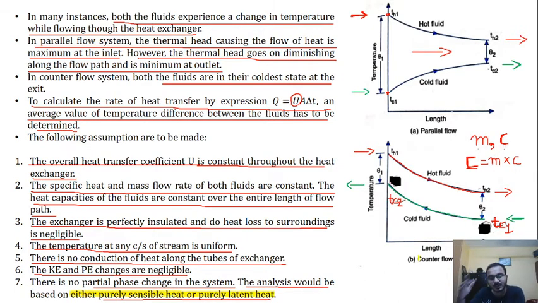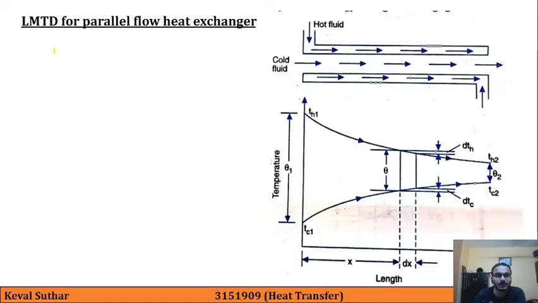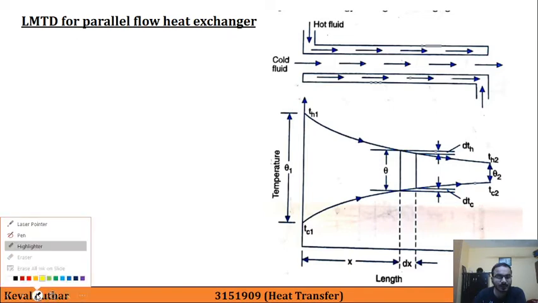The previous figures that we discussed, of condensation and evaporation, had only purely latent heat, that is, phase change was there. So either we will assume that it is having purely a phase change, or only sensible heat is present, that is no phase change is happening and only temperature difference is there for heat exchange. So these are the assumptions that we are making. Now we will calculate the logarithmic mean temperature difference for parallel flow heat exchanger.